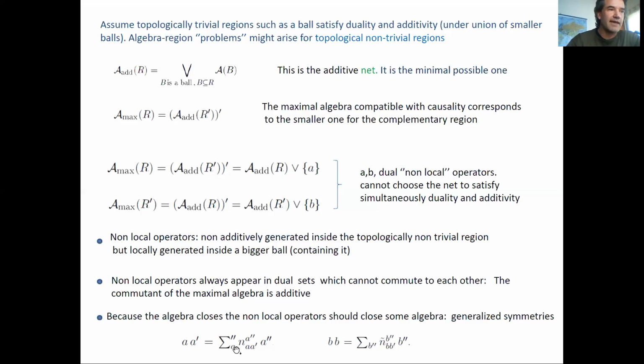Of course, these n's in general can be elements of the additive algebra here, not numbers. But at least in the cases we have seen, you can always find some particular non-local operators such that these are numbers.